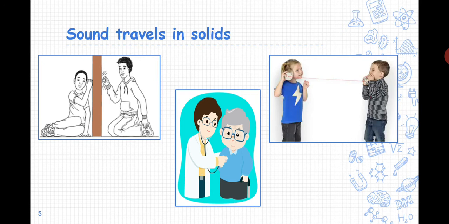This medium is solids. Another thing here, my dear, you have to know that sound travels very fast in solids. In water, it travels slower, and it is even slower in air. Let's watch the following video, my dear, that describes what we have learned now.